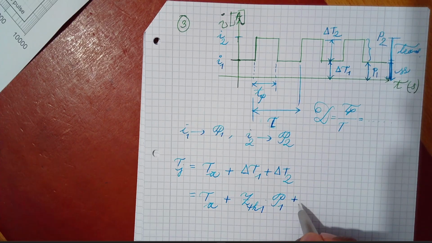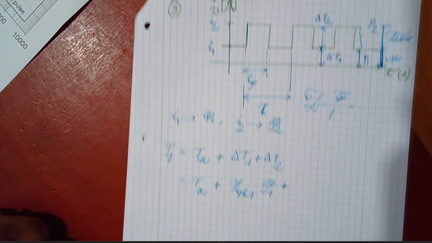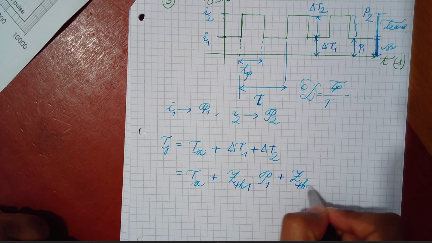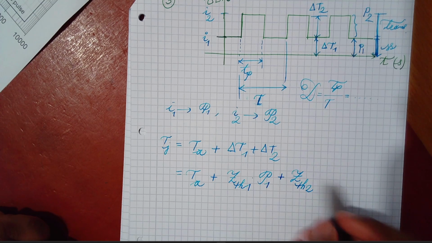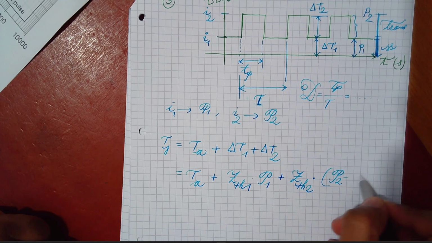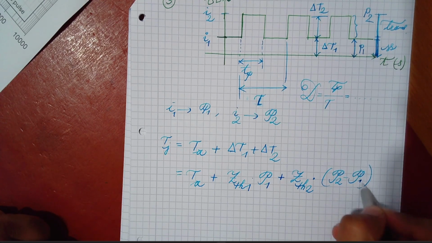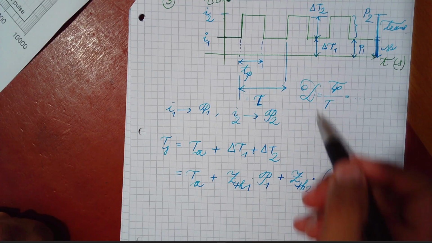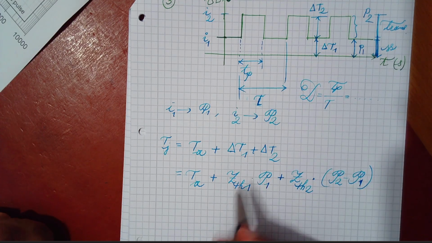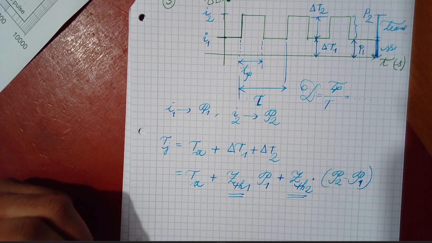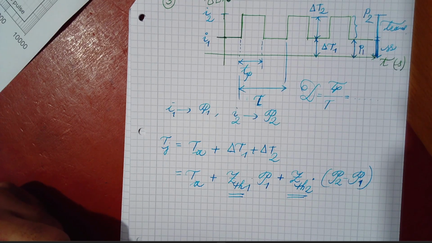For the transient part, we need to consider again the ZTH, let's say this time ZTH2, times the power of the transient part, which is P2 minus P1. That's it actually. For a particular duty ratio, we need to go back to the datasheet, read these values of ZTH, and input them here. The power calculations, as I said, should be from measurement or from detailed calculations.